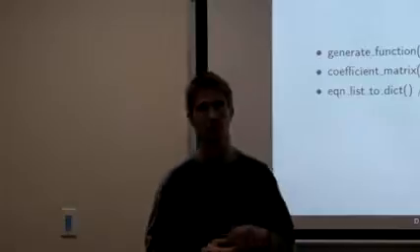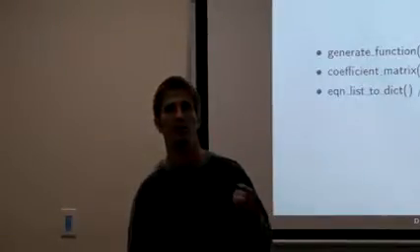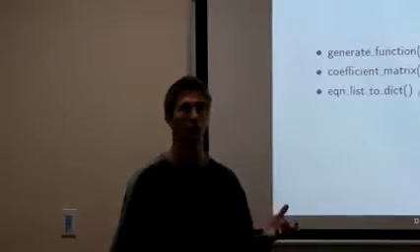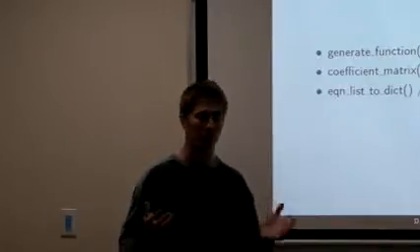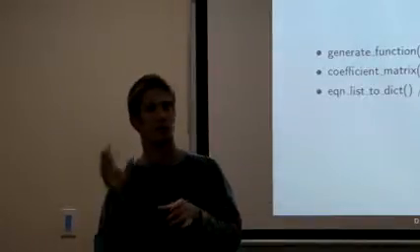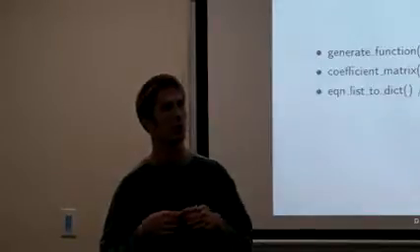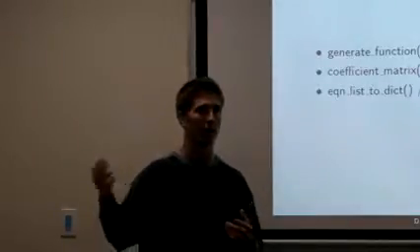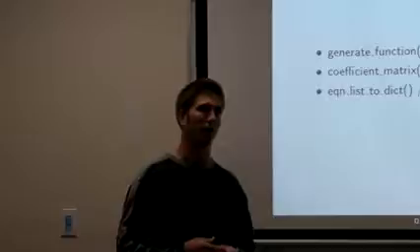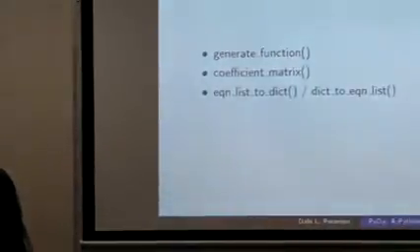So generate function basically takes a list of SymPy equation objects. What they are is a relational object which has a left-hand side, an equals, and a right-hand side. So it takes a list of those, and spits out a Python function which lets you evaluate the right-hand sides and returns the left-hand sides. So for numeric stuff, it does that.